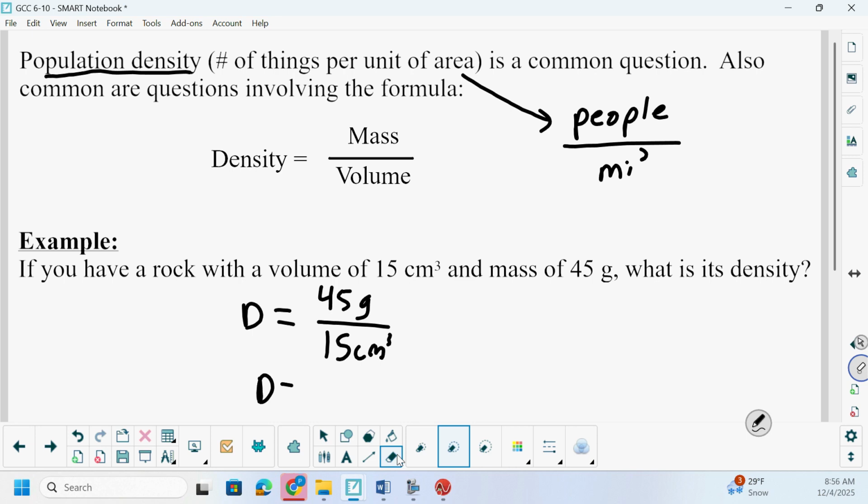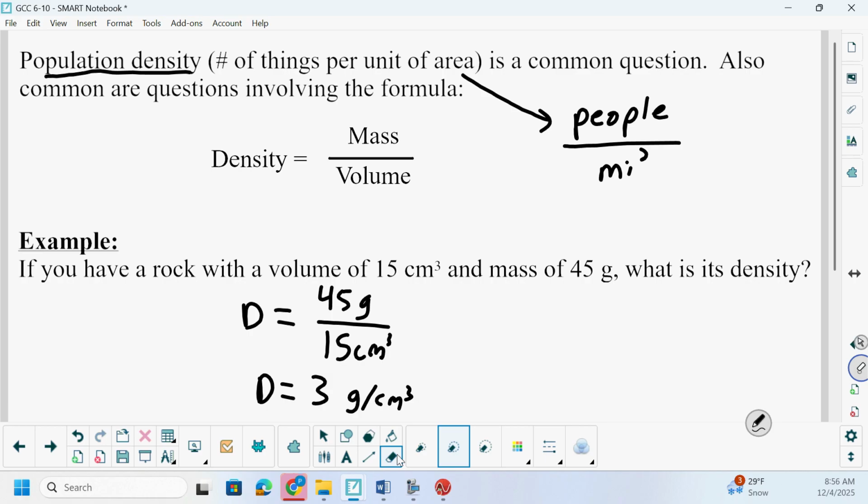And therefore our density, if we divide those, is just going to be 3. And our units is going to be grams per centimeter cubed. And you represent that usually with a slash between, because per really means division. So grams slash centimeters cubed. And we would read that as 3 grams per centimeter cubed.